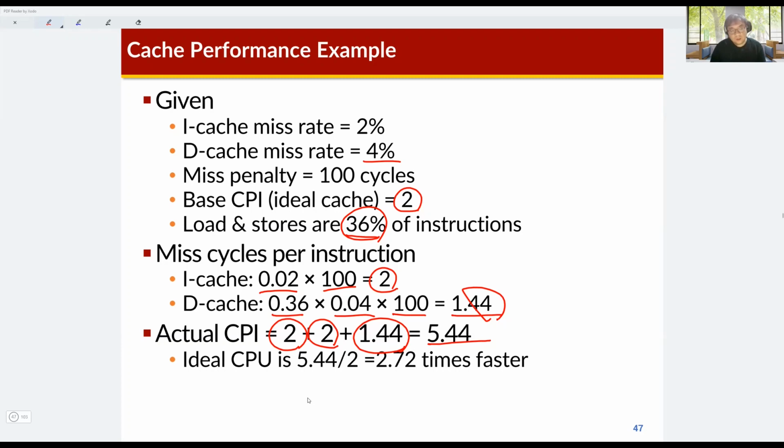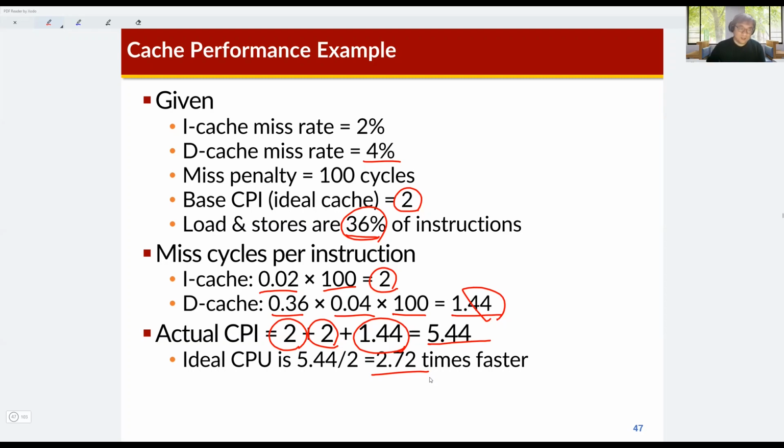If we compare the performance with the ideal CPU, then when the cache miss is considered, this processor is 2.72 times slower. That means the ideal CPU is 2.72 times faster than the real CPU.